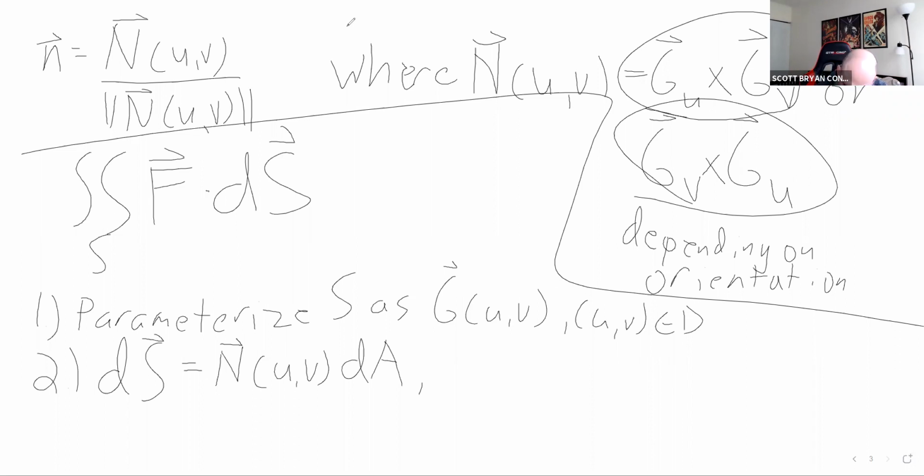And so I want to emphasize here, I'll say in a second. And then we go to our function and replace x, y, and z with their parameterizations in the vector field. And then we integrate over D.